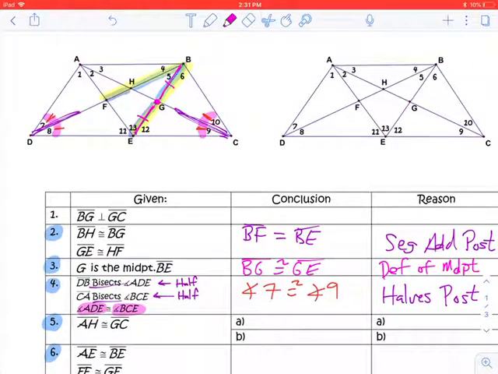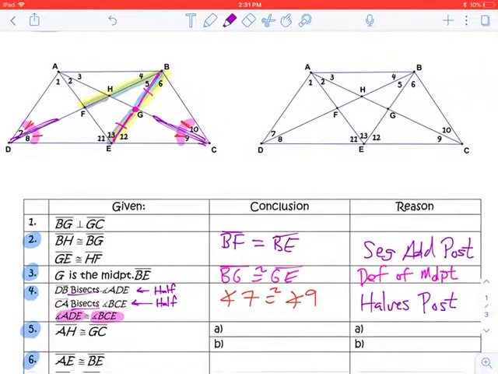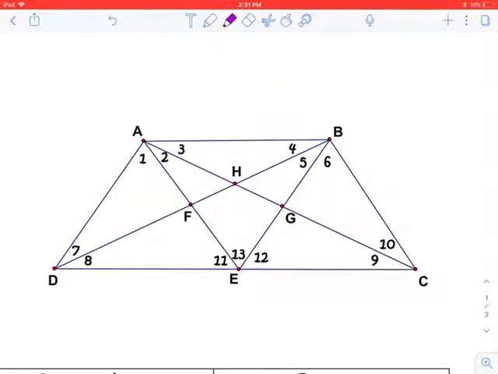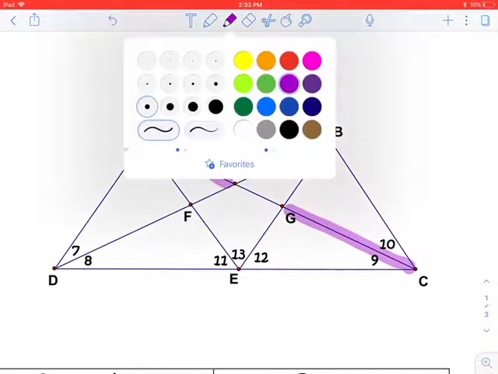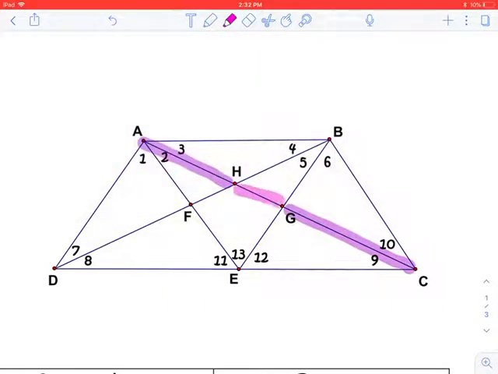The next one, number 5, says AH congruent to GC. It's getting a little busy, so I'm going to go to our second picture. AH is this one right here, and GC. That's our only given. But if you notice, they're part of the same line, and what we have is a good old gap in the middle.